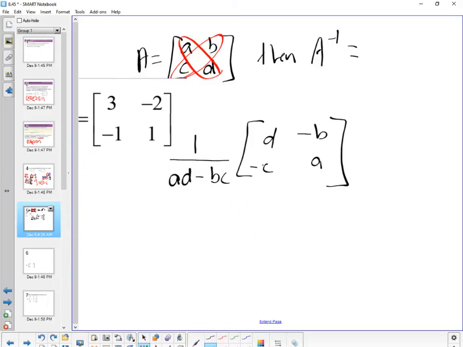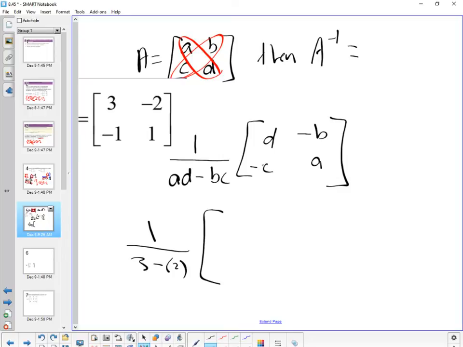So we would do 1 over 3 minus 3. Oh, that's plus 3, right? 2, right? And then that's AD. Where's the D? D's right here. Okay, so it's 1 times.